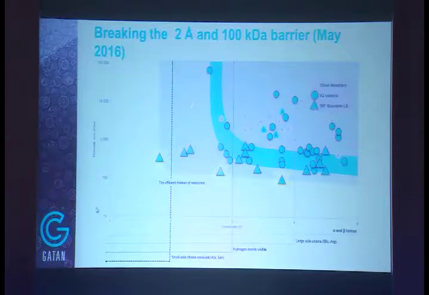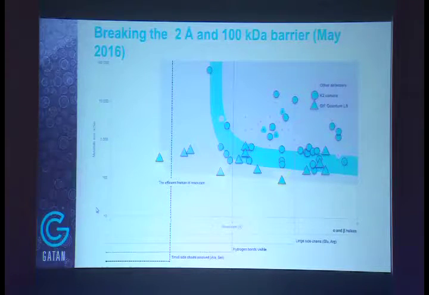And what we're seeing is that the structures coming from these K2 cameras are really shifted down toward the lower left-hand side of this plot. So we're able to see smaller molecules, and we're able to see higher resolution structures for a particular system, which is really what's exciting for us.